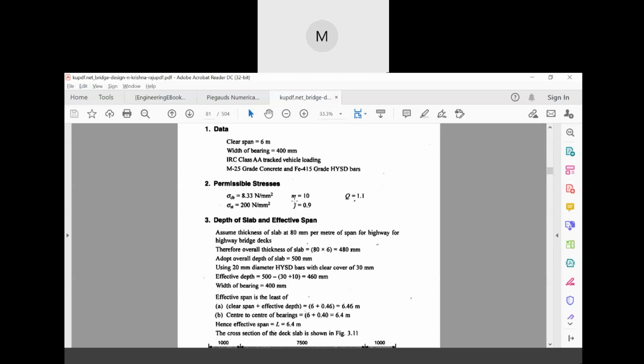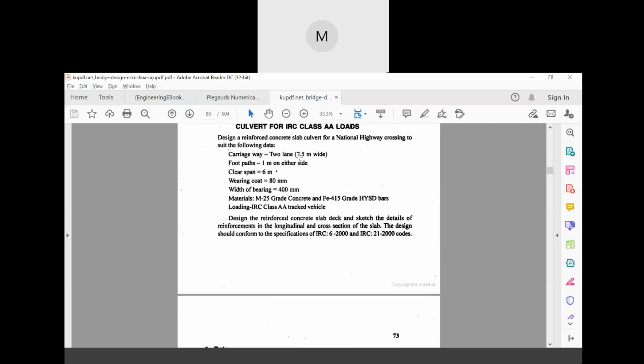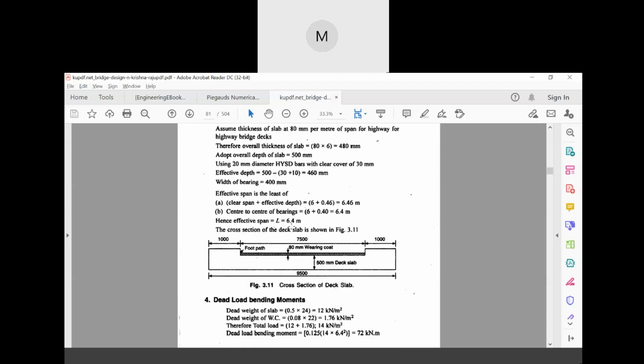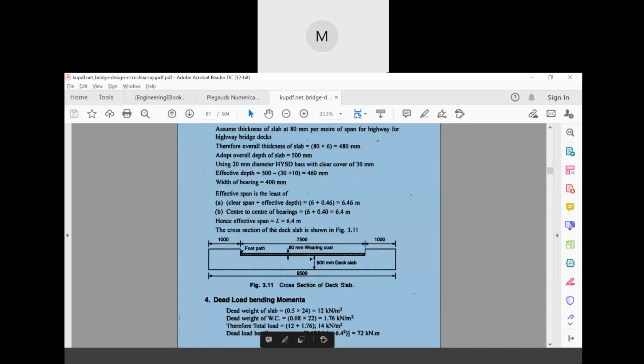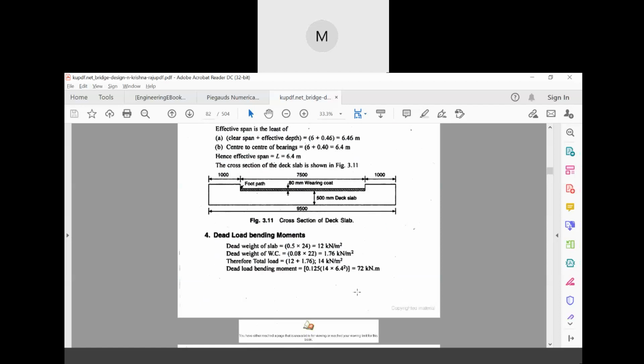If you see, carriageway is 2 lane, 7,500 mm. Footpath is 1 meter on either side. That is why this 7,500 is there, then 1,000 is there on either side. Now the wearing coat is 80 mm, 500 mm deck slab we consider. So in this way it will be there.